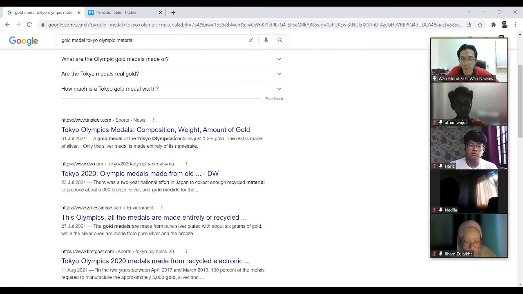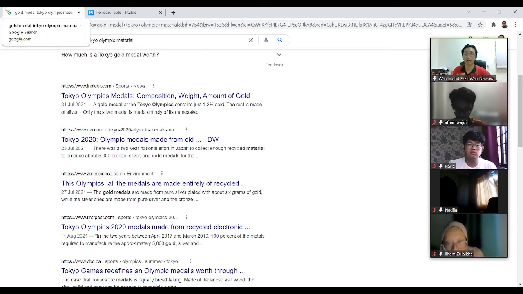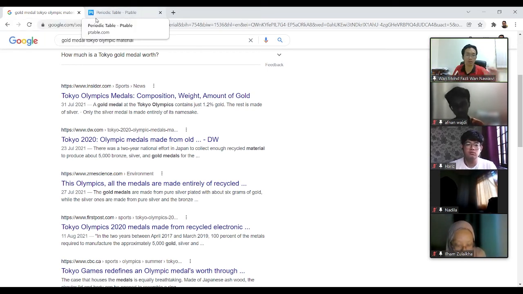The gold medal at the Tokyo Olympic contains 1.2% gold, but basically the gold they use is taken from phones. They asked the community to donate their old phones, and then they took out the gold from that.